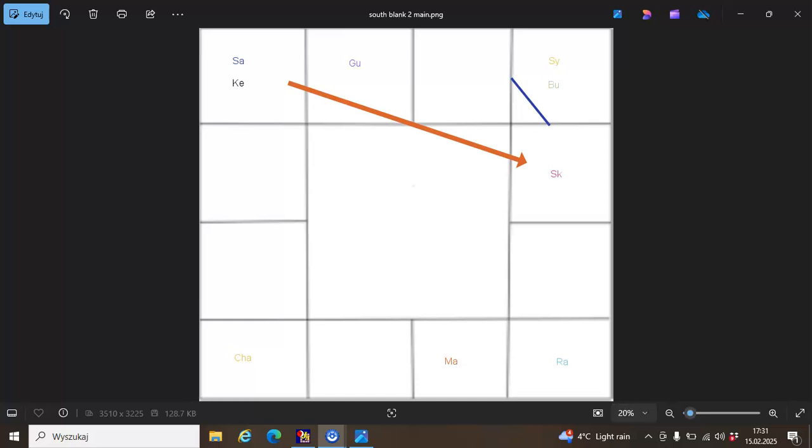Karka is an even sign. So we need to find out how many signs the Moon, owner of the sign, has moved away from the sign of Karka, and we will count in an anti-clockwise manner, because Karka is an even sign.